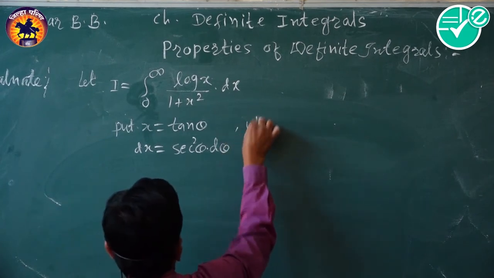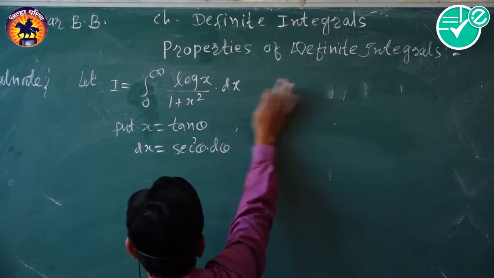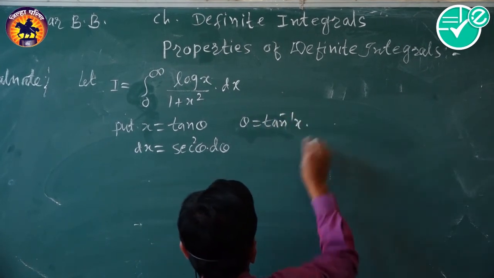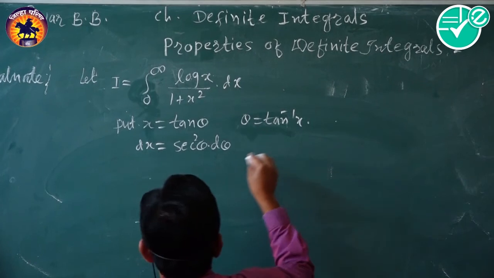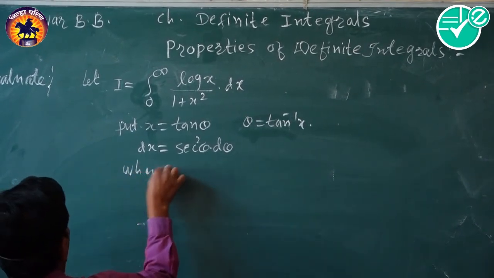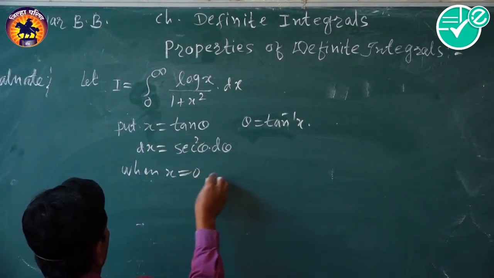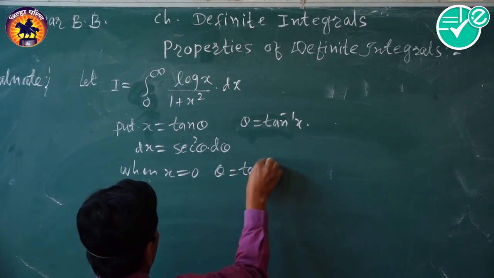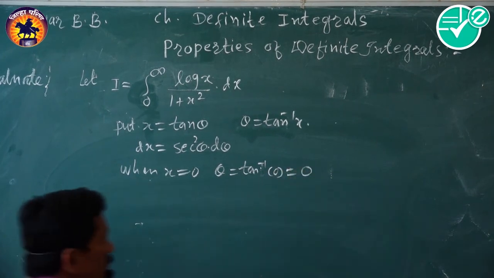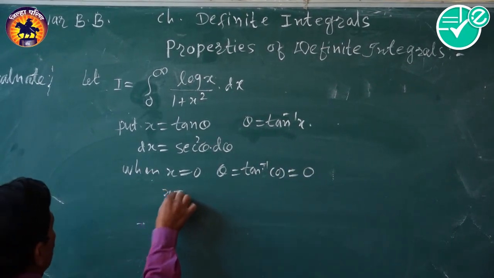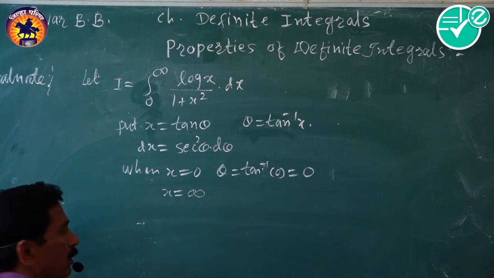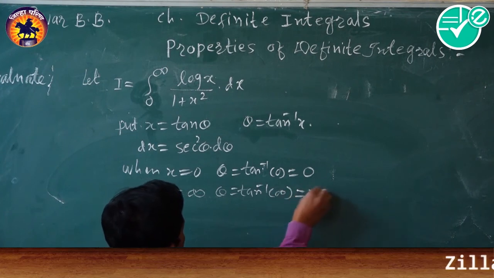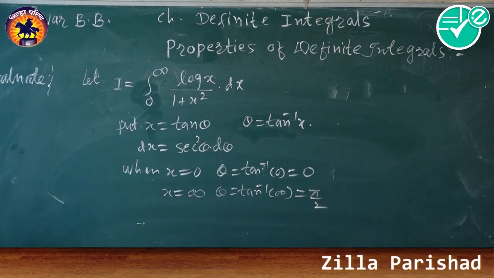Now we can write theta is equal to tan inverse x, therefore when x is equal to 0, theta is equal to tan inverse 0, which is nothing but 0, and when x is equal to infinity, theta is equal to tan inverse infinity, which is nothing but pi by 2.